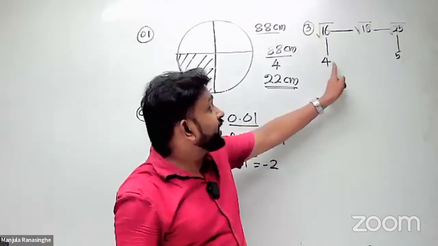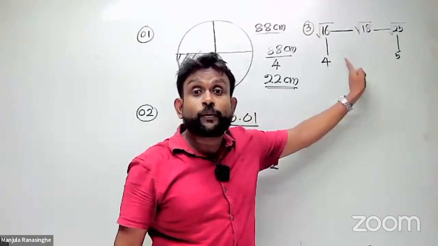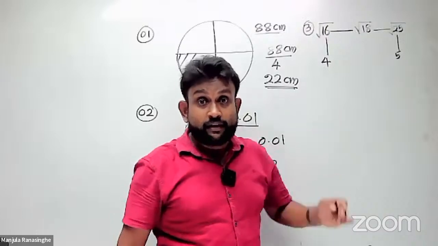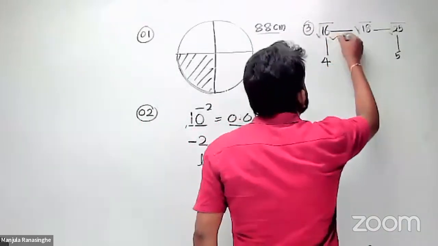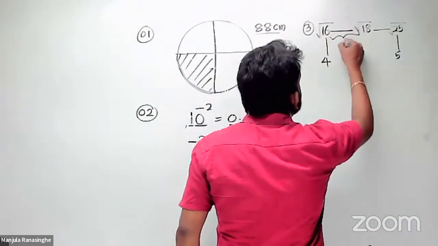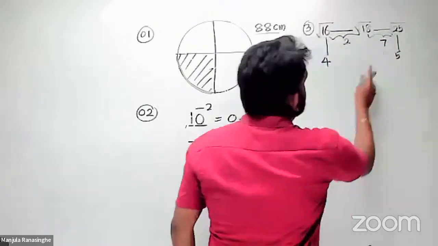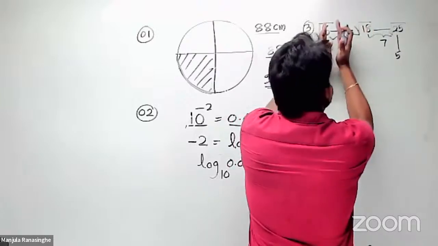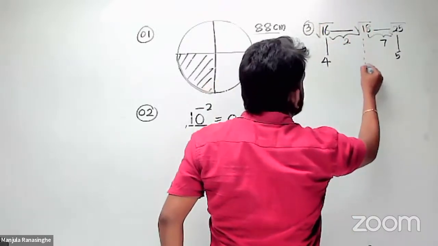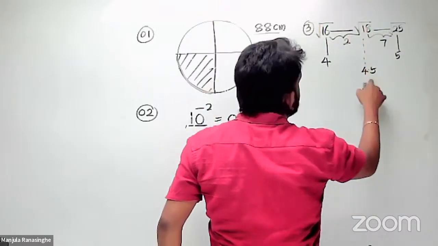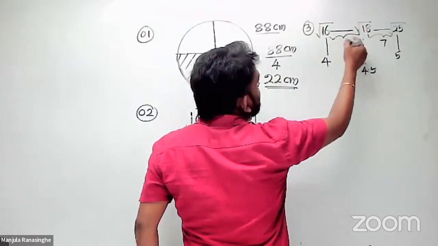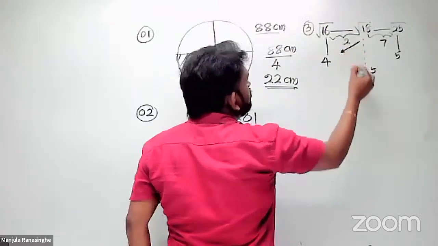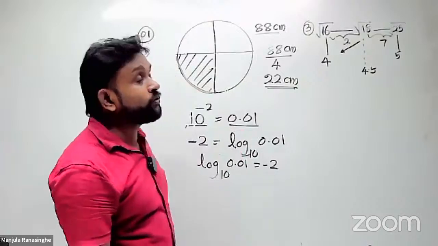Now you know that it is in between 4 and 5, 4 point something. But now you check the gap: 16 to 18 is a gap of 2, here it is a gap of 7. The exact middle one is 4.5. Now you check the lower gap, which means it is closer to 4. So what values are closer to 4?